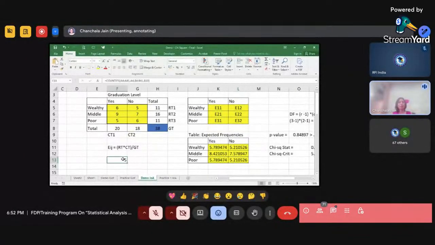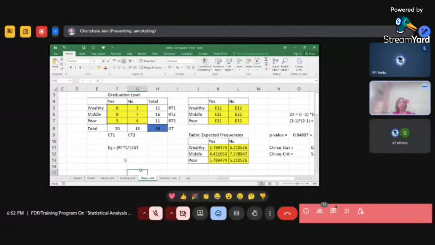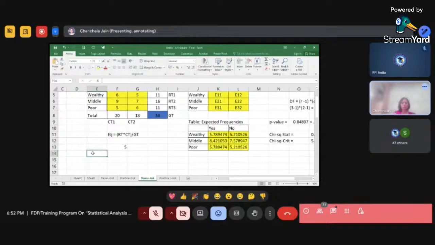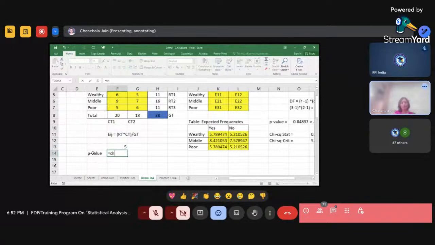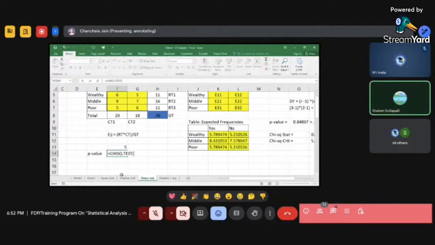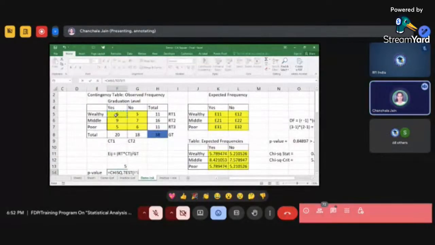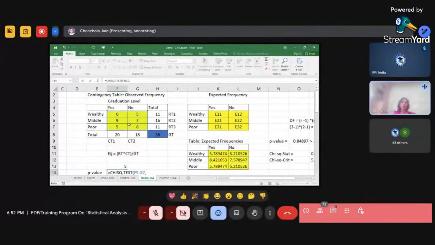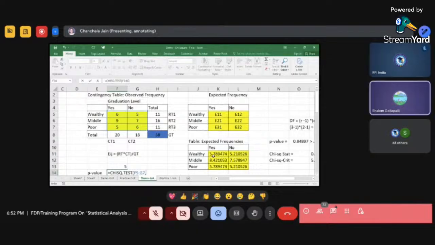Now I'll go for calculating the p value. So put equal, type the function CHISQ.TEST, right? Select the observed frequency count. So you can see I have only selected the yellow highlighted range, right? Comma, expected frequency count.